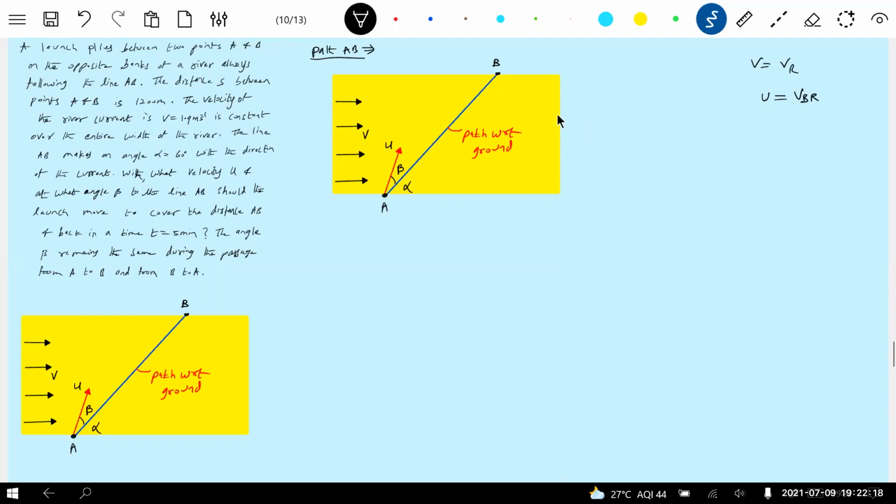Already VR is there, and for the velocity of the boat I'll bring only VB. The velocity of the boat with respect to ground should be directed along AB. Then only the boat can move along the path AB.